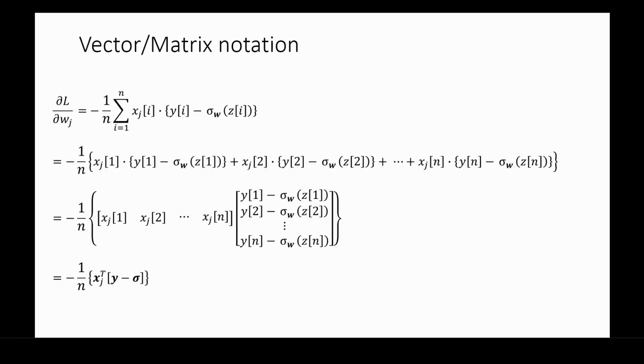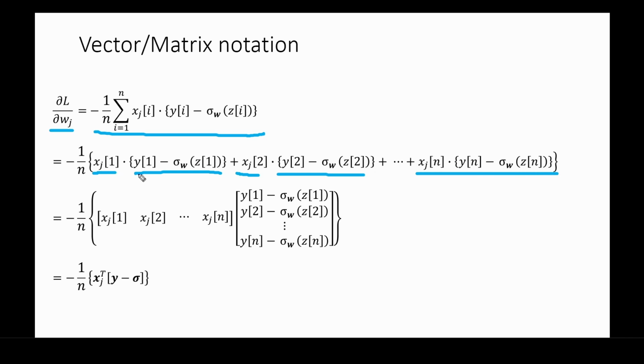Now let's look at how we can rewrite the gradient of the loss function with respect to wj in vector matrix notation. This is the expression that we derived earlier. Now pay attention to this summation. If we expand it out, it simply equals xj1 times y1 minus the sigmoid function of z1, plus xj2 times y2 minus the sigmoid function of z2, all the way to xjn times yn minus the sigmoid function of zn.